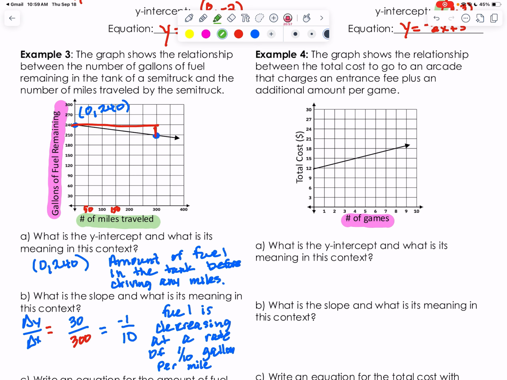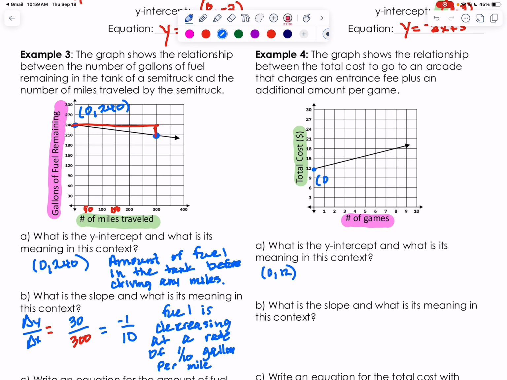The y-axis, we're plotting the total cost, and it's being scaled by 3. So $3, $6, $9, $12, and on and on. Okay. So the first question is, what is the y-intercept? Well, here's our y-intercept. Let me draw that in. So 0, 12.